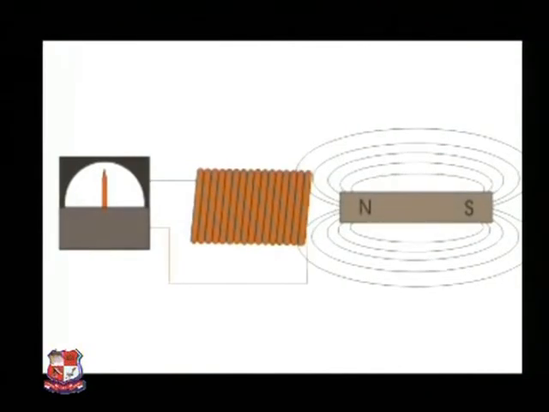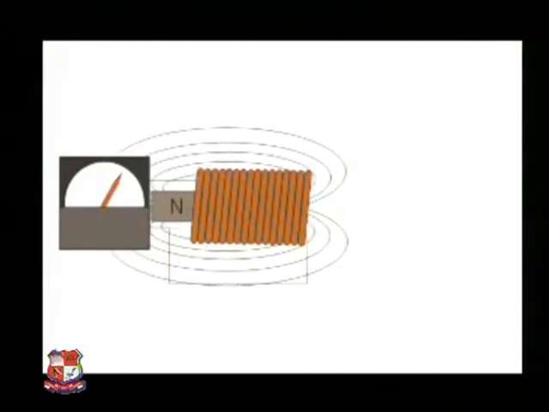At the start, the magnet is at rest, so there is no deflection in the galvanometer. That is, the needle of the galvanometer is at center or zero position.